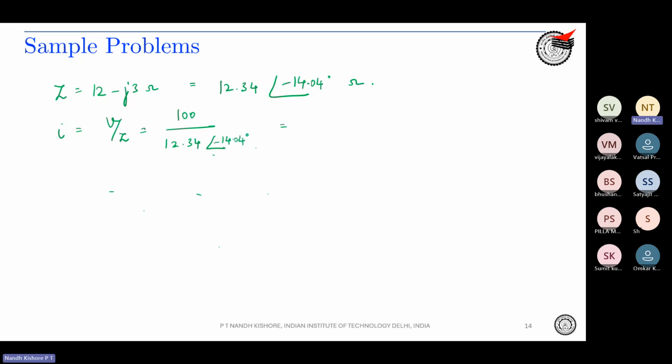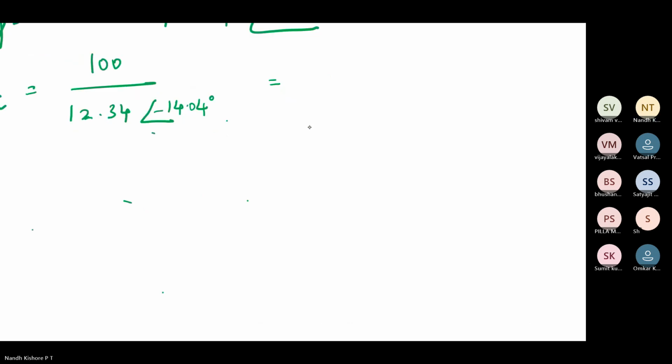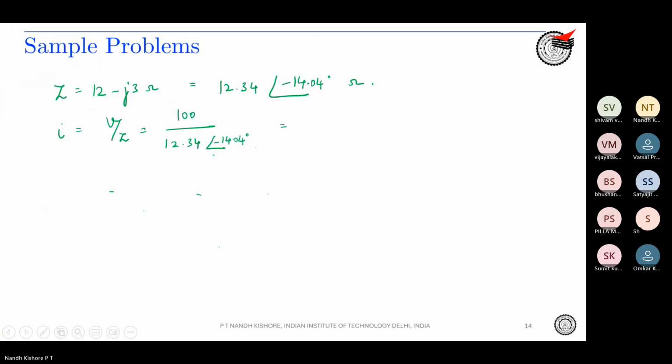All right. So this would be how much? 100 divided by 12.34, 8.1 angle 14.04 amperes. This is my current.